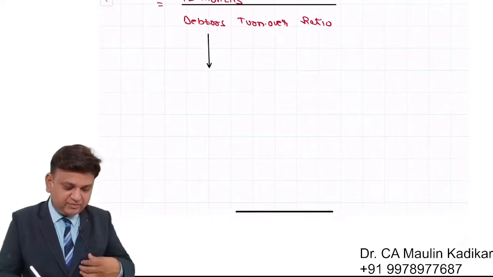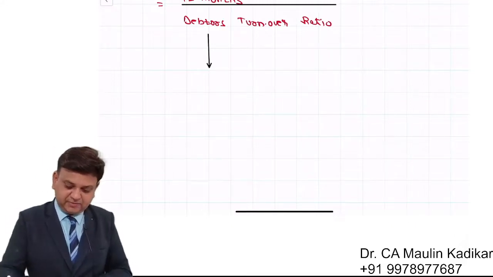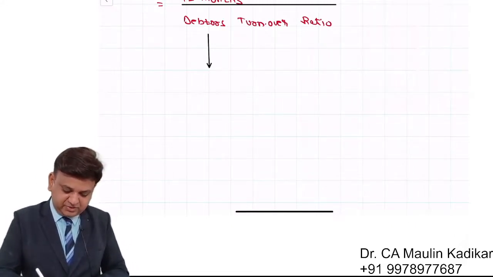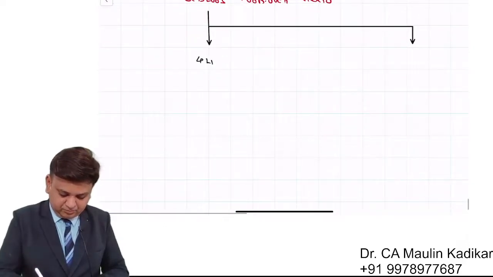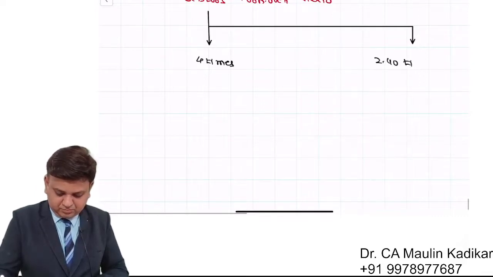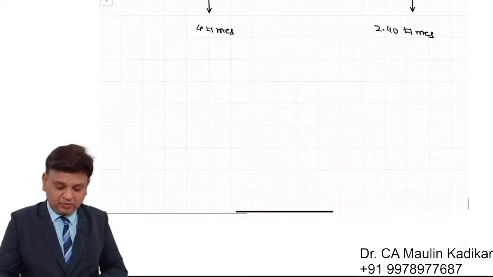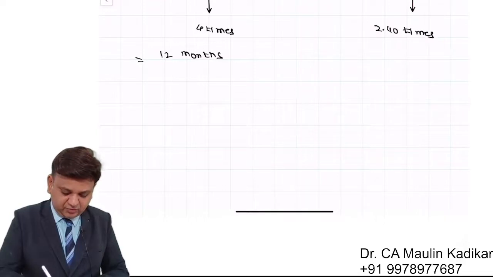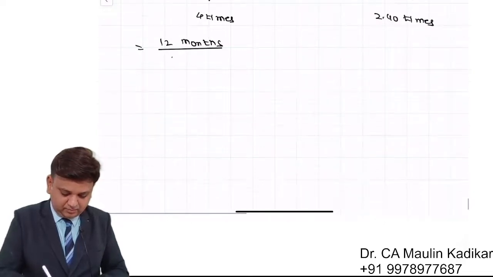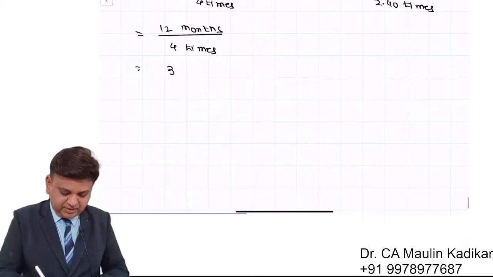We have been provided with the debtors turnover ratio 4 times and 2.4 times. So write down 12 months divided by 4 times, that comes to 3 months.